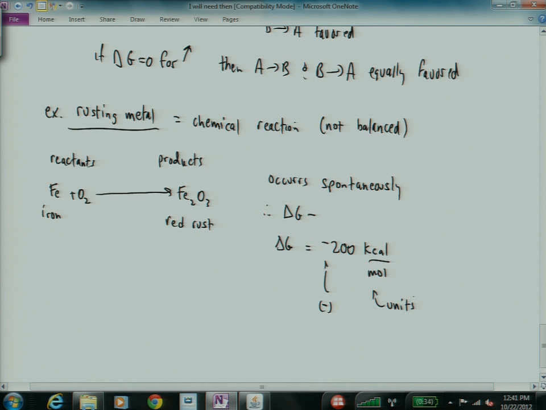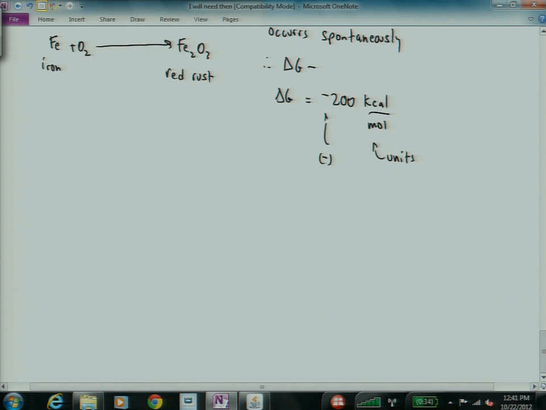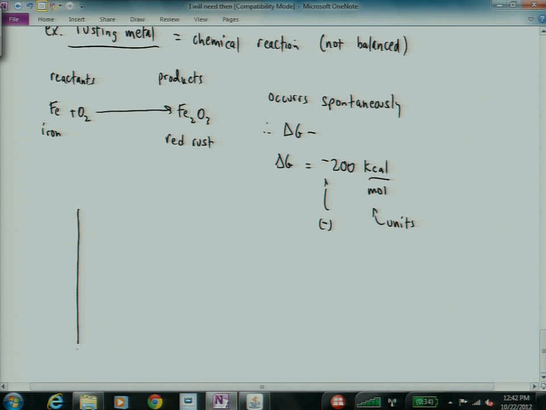So what this means, if you drew one of those energy diagrams with G from high to low: Fe, iron and oxygen, your nice brand new car in the atmosphere, is up at high energy, and down at lower energy is Fe2O3, your rusted car.